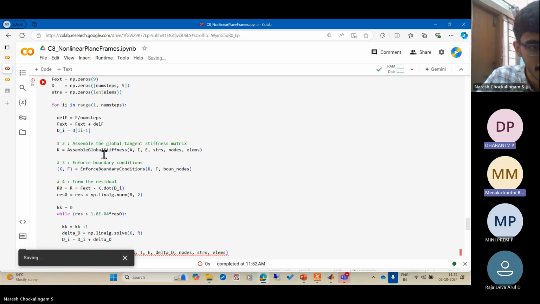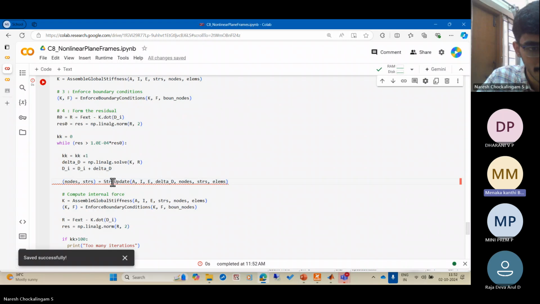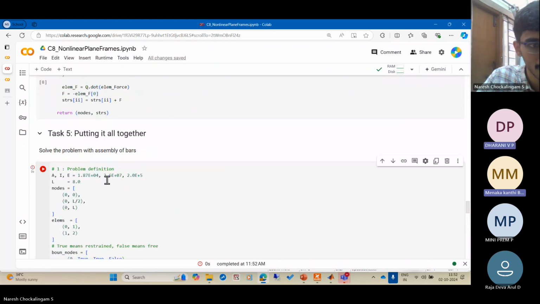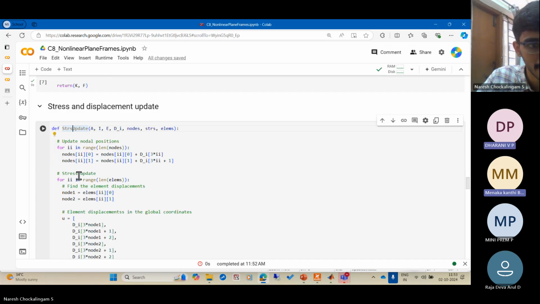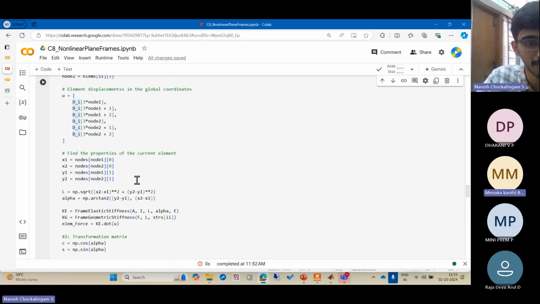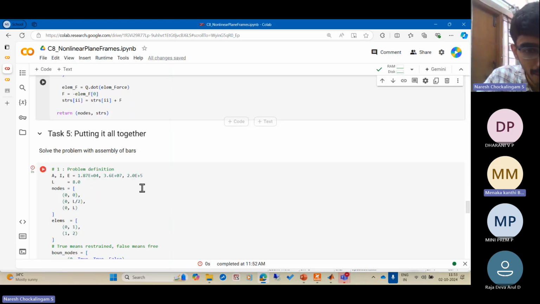When we define the stress update, where we define stress updates definition. Okay. Here it is delta, same name. D underscore I, that's not a problem. That is just a placeholder. You can use anything here. You can also put some B or C here, and that will work. That's just a placeholder. That's not a problem.